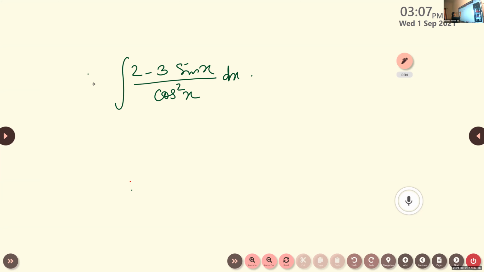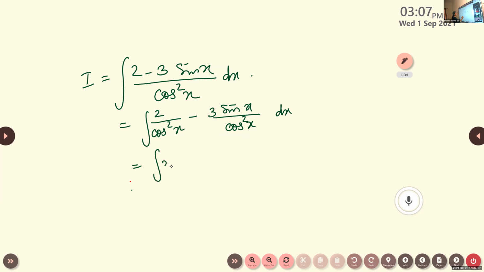First you name this as I. Like the previous questions we did with polynomials, here we have a common denominator. What can we do? We can split it. First step, you split it: 2 by cos square x minus 3 sin x by cos square x into dx. When you split this, it becomes 2 into, what is 1 by cos square x? It is sec square x, minus 3 into sin by cos, which is tan x, into sec x into dx.